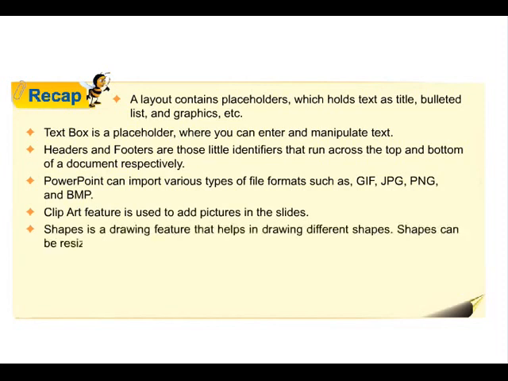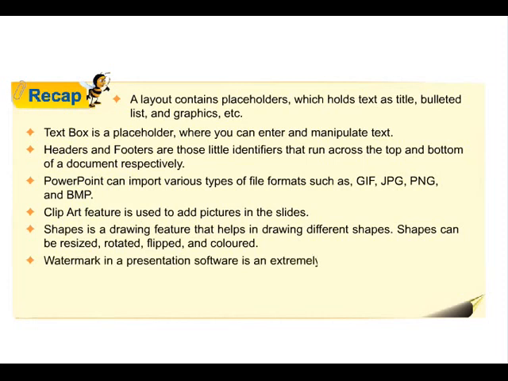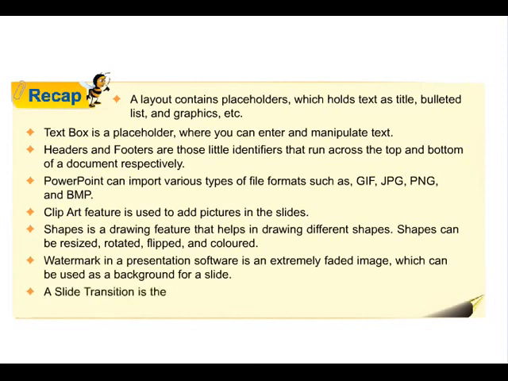Shapes can be resized, rotated, flipped, and colored. Watermark in a presentation software is an extremely faded image which can be used as a background for a slide. A slide transition is the visual motion when one slide changes to the next during a presentation.